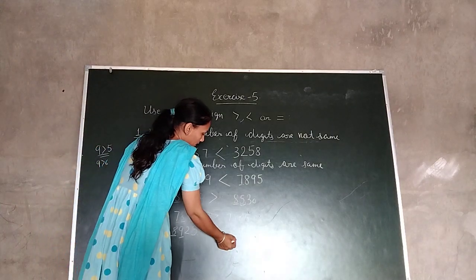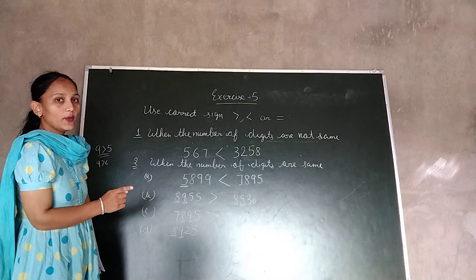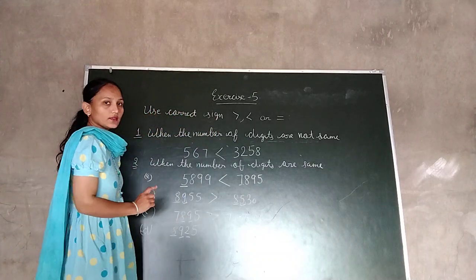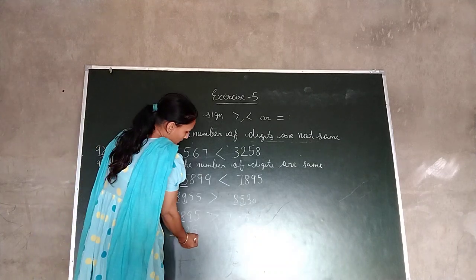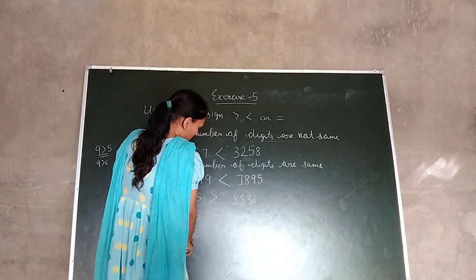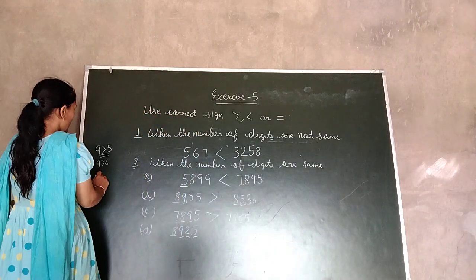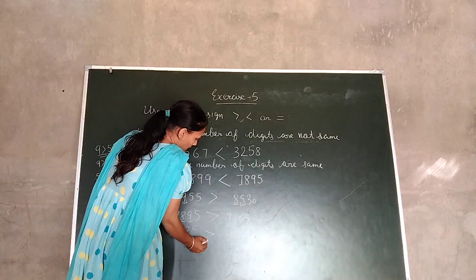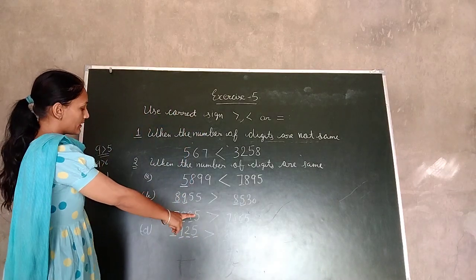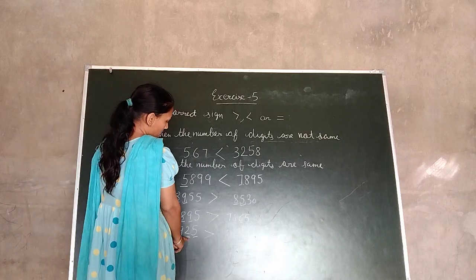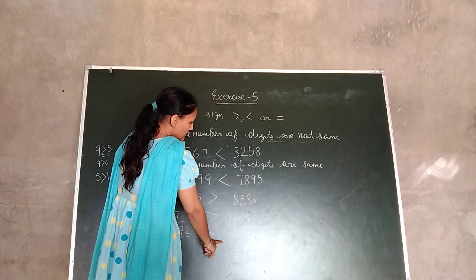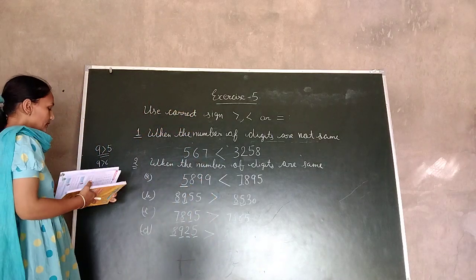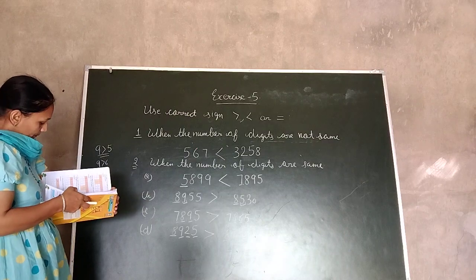Then hundred place. Both are same. Next tens place. Both are same. Next we will compare the digit in ones place. Here we have 5 and here we have 1. 5 is greater than 1. So this number is greater than that number, 8,925 is greater than 8,921.